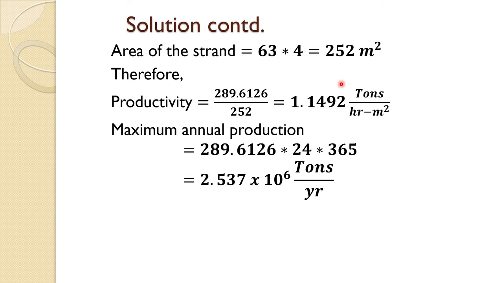Usually production is given in terms of ton per year, so we can multiply these hours with days and a year. That will give you 2.5 into 10 to the power 6 tons per year. So, this would be the production of the sintering plant and this would be the productivity of the sintering machine.